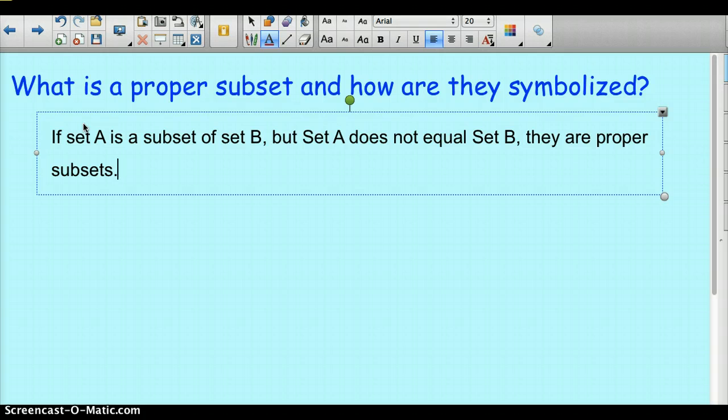So what's that mean? That means they're not the same. They have the same elements, but they're not the same.